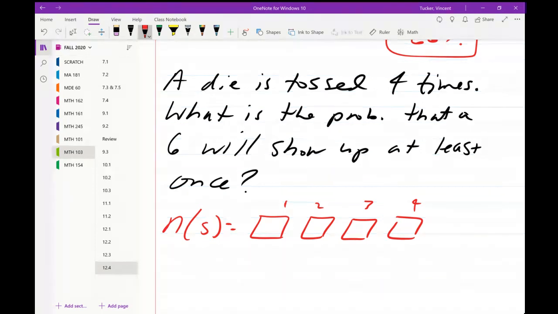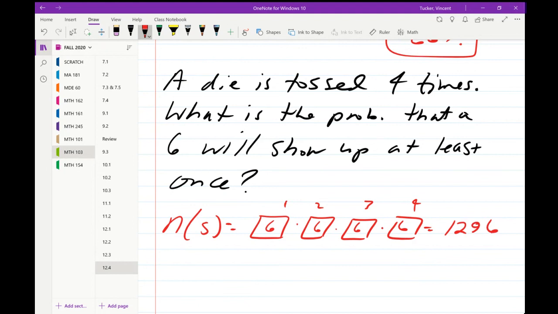We're talking about all possibilities. I have 6 ways in each case that I could get an outcome. There's 6 faces on that die. So each time I roll it, I have 6 possible outcomes. So you will multiply those outcomes together. I believe there's 1296. Yep, 1296. 6 times 6 times 6 times 6 is 1296. So that's my bottom number, the total number of possible outcomes.